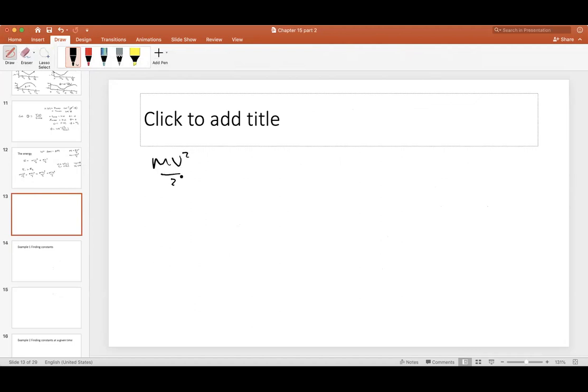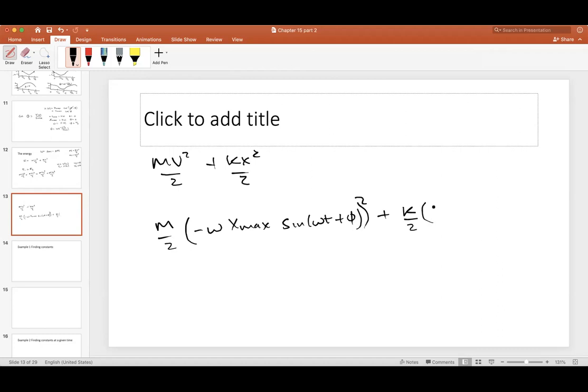mv squared over 2 plus kx squared over 2. This is equal to m over 2 times negative omega x max sine omega t plus phi, all of this squared, right? Plus k over 2 times x max times cos omega t minus phi, all squared.